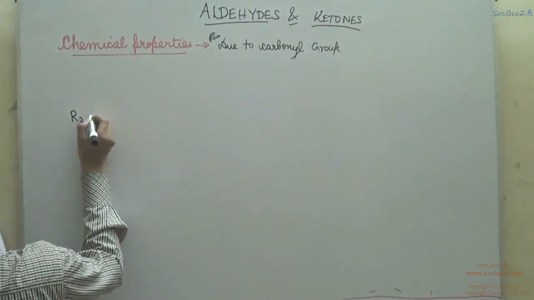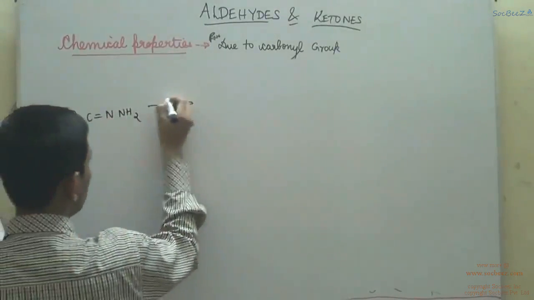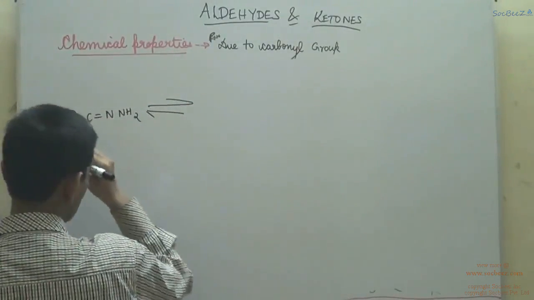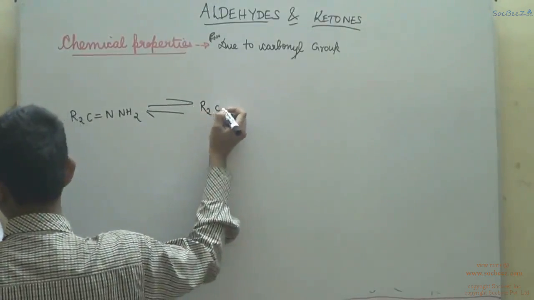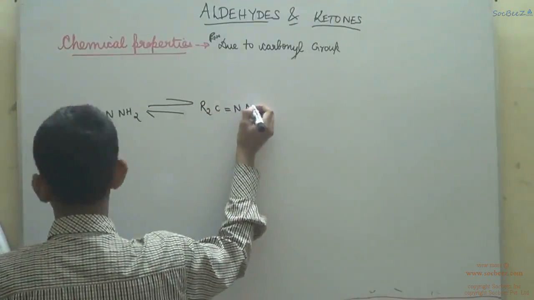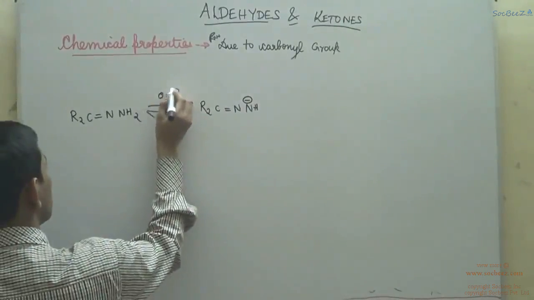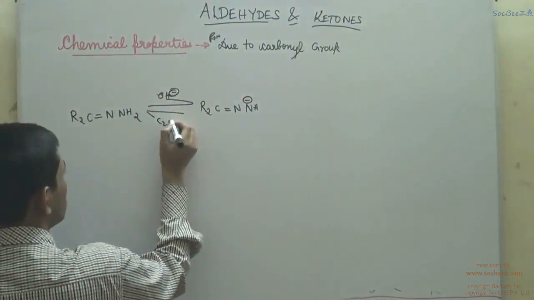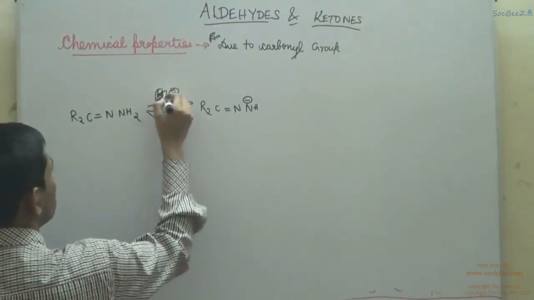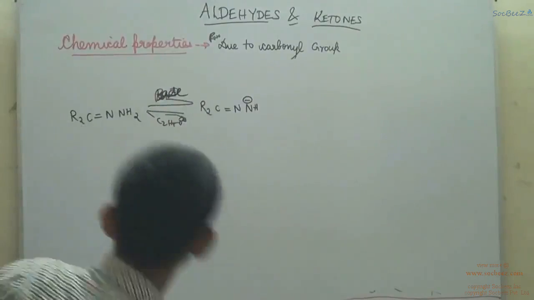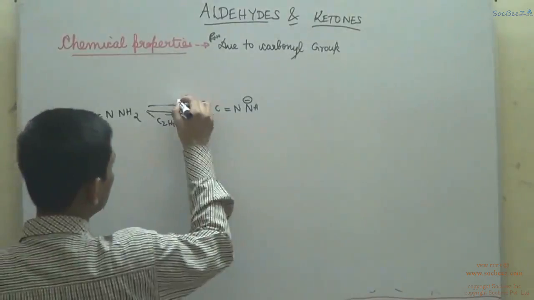You have R2C double bond N NH2. This is a hydrazone. Okay. What happens? So you have the base, that is C2H5O minus. So let me call it base. Whichever is convenient here, since we are using C2H5O minus, basically you have to use a very strong base.